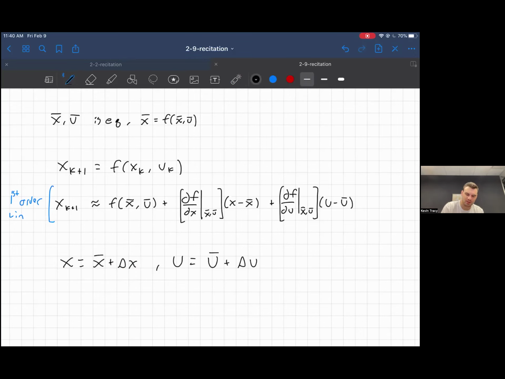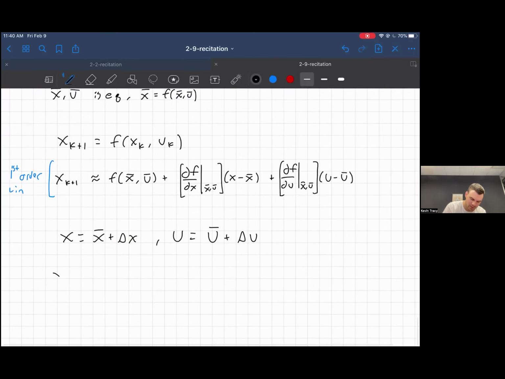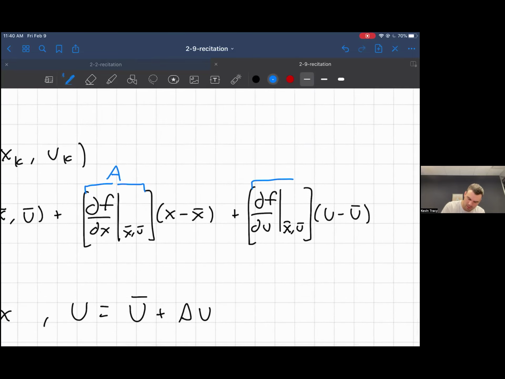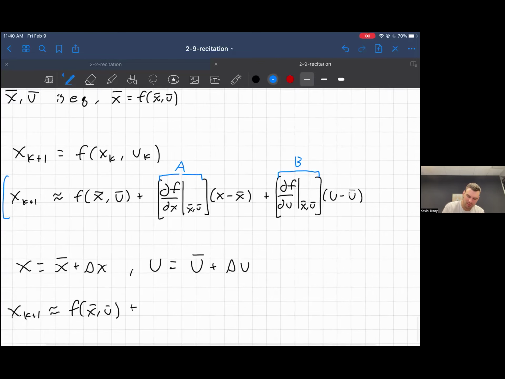And now let's go through and substitute these new coordinates into our first order Taylor series and see what this gets us. So x_{k+1} is about equal to f(x bar, u bar), and then plus, and just to make the notation easier, this is A, this is B. So I'm going to use A and B now when I'm talking about these things.